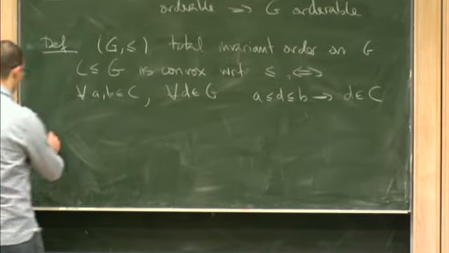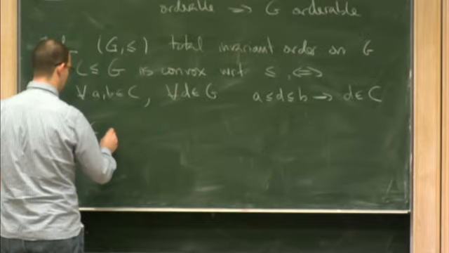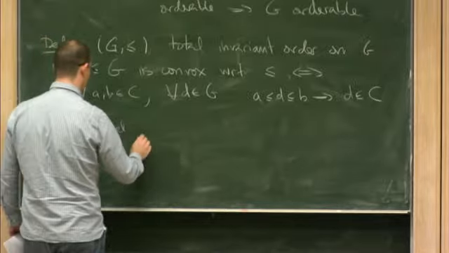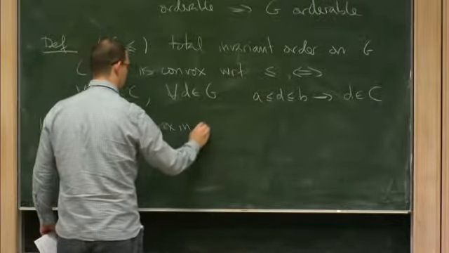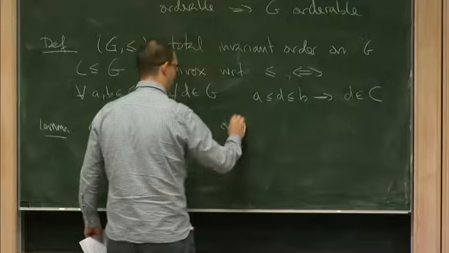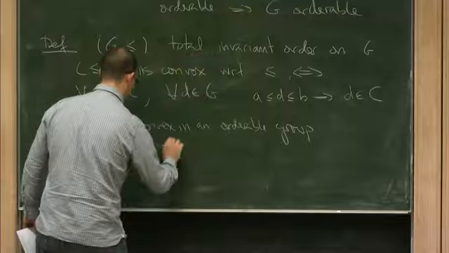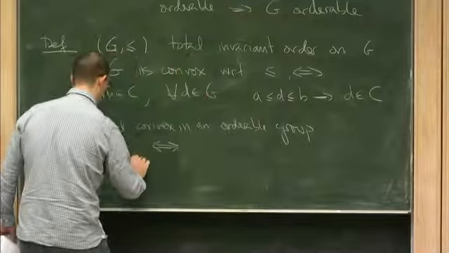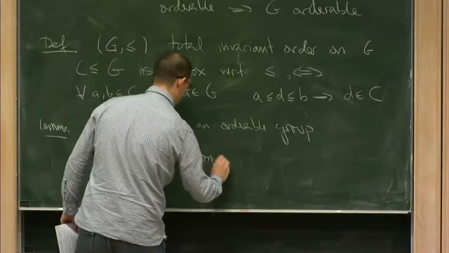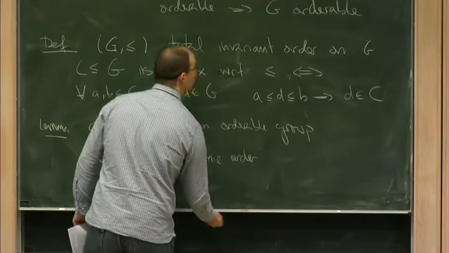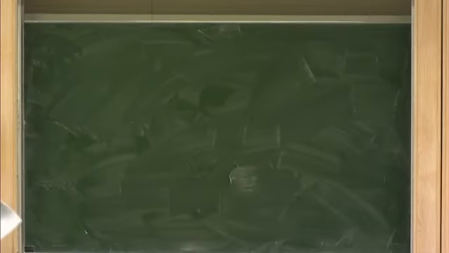So just to clarify, C is relatively convex in an orderable group if and only if C is convex for some order.